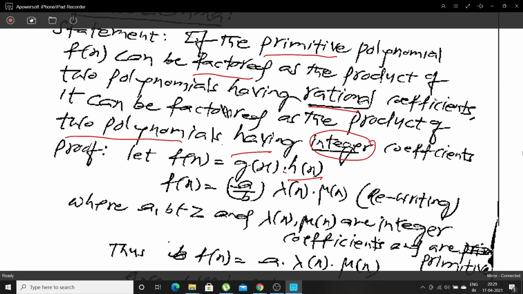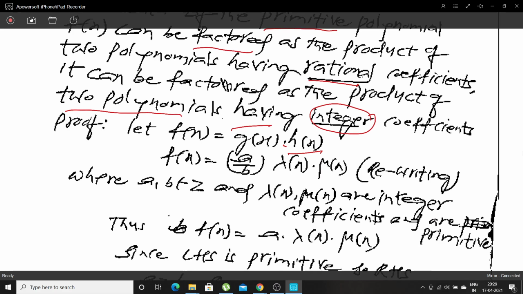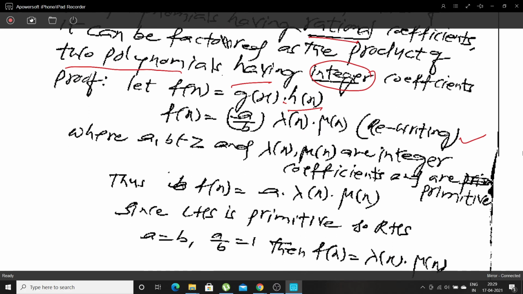Since g of x and h of x are both polynomials, certainly we will see the constants. Let me denote the constants by the notation a by b. The constants of g of x and h of x, I will denote by a by b. Rewriting, the constants are integers, that is lambda of x.